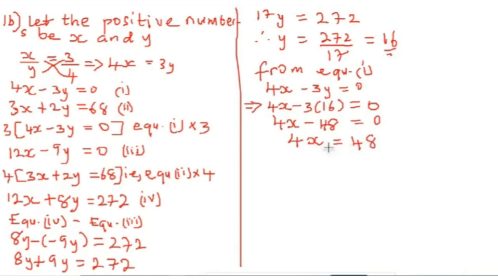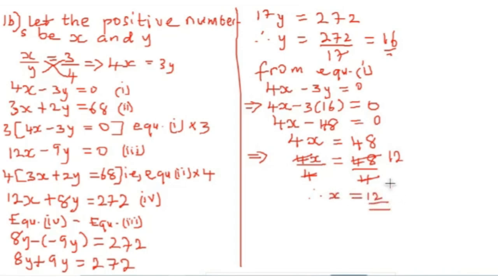We divide both sides of this equation by the coefficient of x, which is 4. So 4x over 4 is equal to 48 over 4. 4 cancels 4. 4 into 48 will give us 12. So therefore, x is equal to 12.